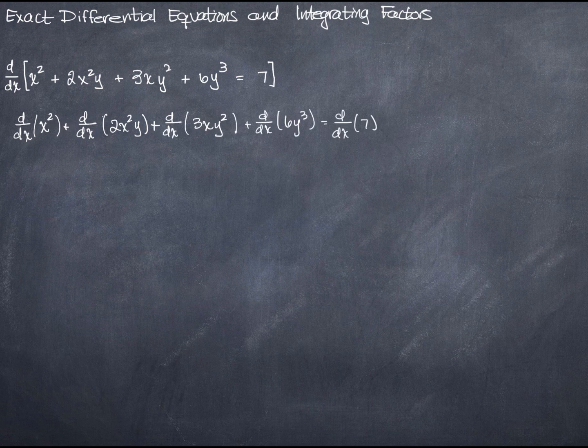Now, we don't normally bother to write this out. I've just done this as a reminder that we are allowed to do differentiation this way, right? We are just taking the derivative of each individual term.